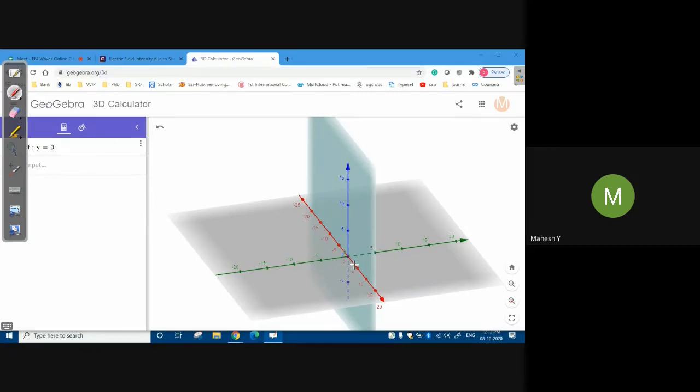One is along the x-axis, both negative and positive, and another one is along the y-axis. So you have to find the electric field intensity at the point (0, 0, 4). So how to do this question? Along the x-axis means this red line here, right? In this line you have the first charge, and the second one is along the y-axis. So let me mark each case here.